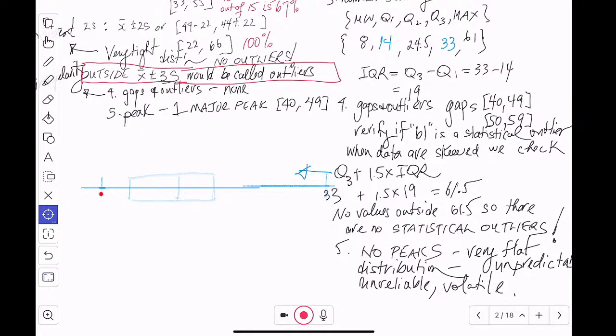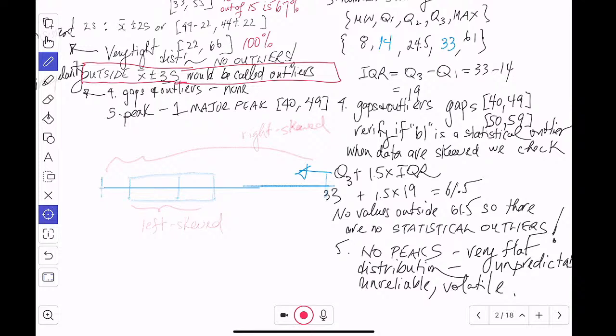But when you go outside and you look at the whiskers from here to here, this side is much more right skewed. And that's why we would say, even though the inside is left skewed, the outside is right skewed.